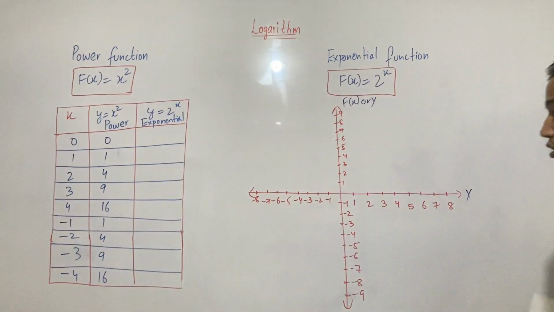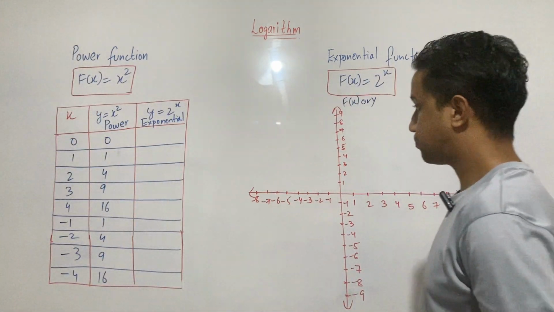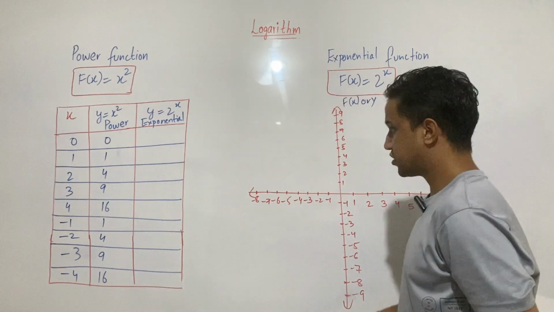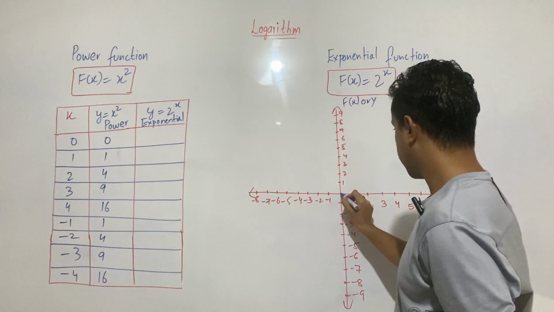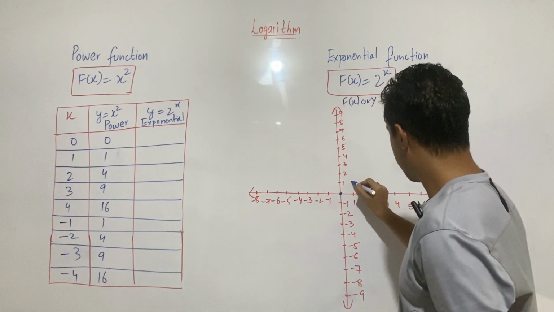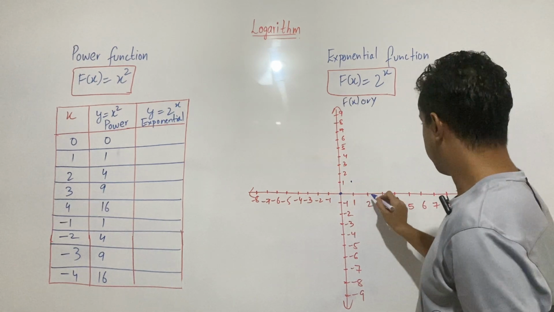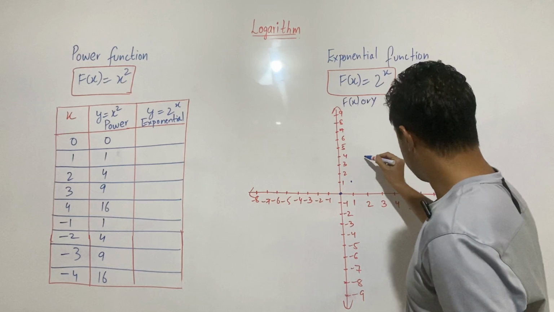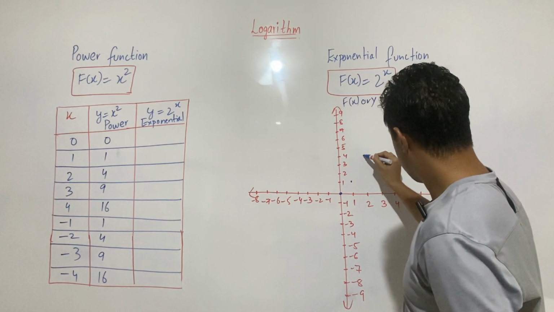So what I can do here is plot these points. For 0, 0. Then for 1, 1. For 2, 4. So this is going to be the point.